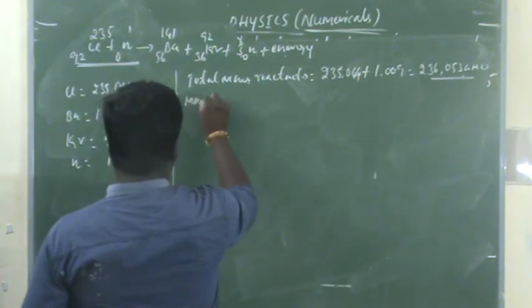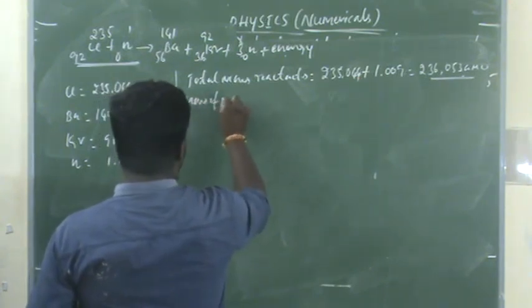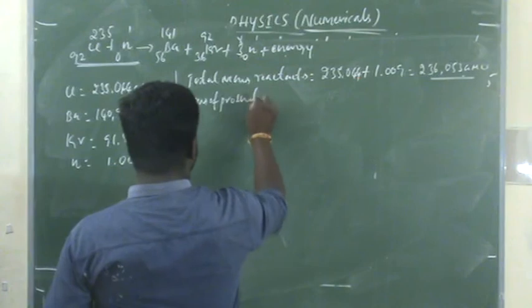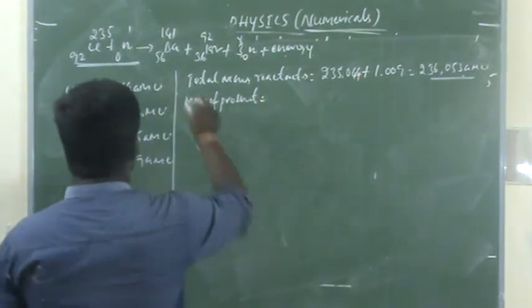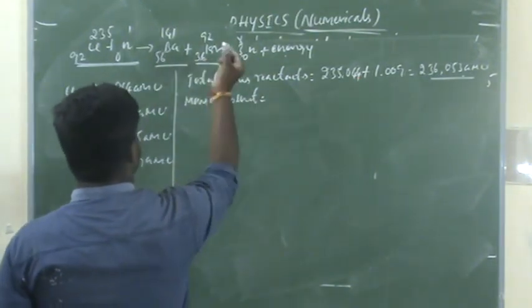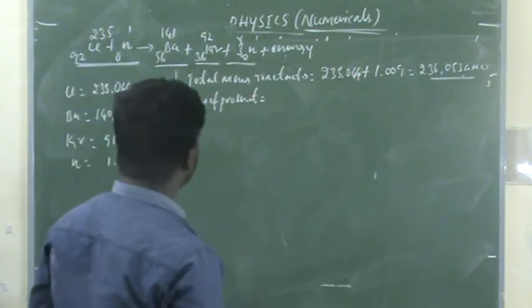Mass of products. What are the products? Barium plus krypton plus 3 neutrons.